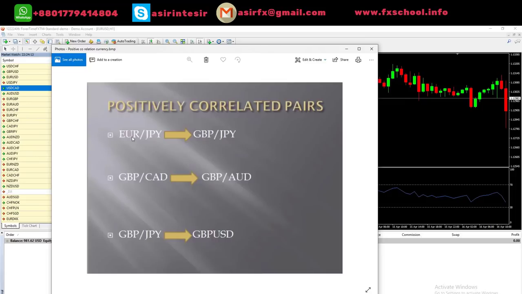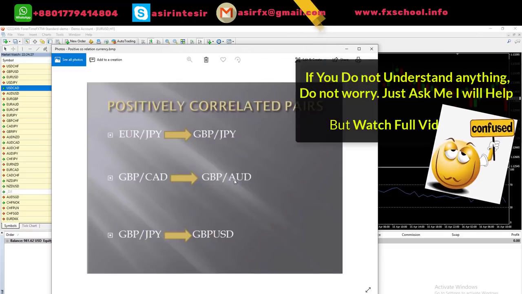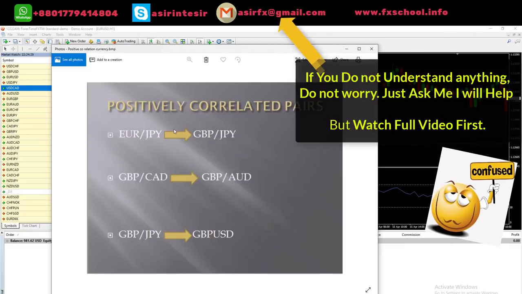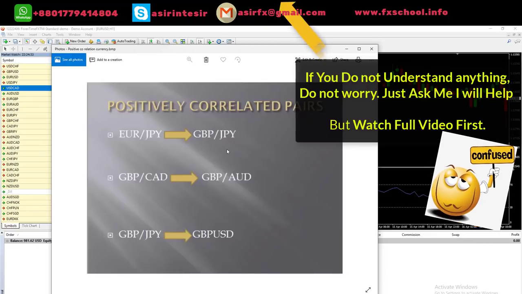If the EUR/JPY market goes down, the GBP/JPY market will also go down. And if the GBP/CAD price goes up, the GBP/AUD price will also go up. So these currency pairs are positive correlated currencies.